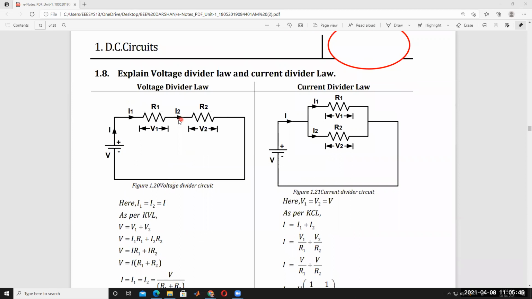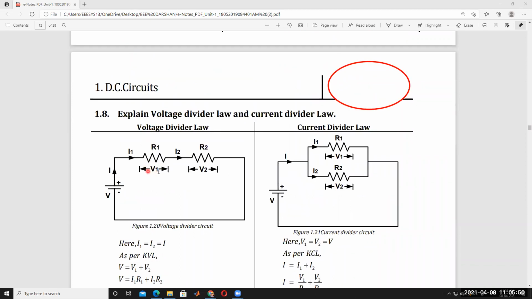Right, understand. So what is the voltage drop here? V1 is equal to source voltage V into R1 divided by (R1 plus R2). If you are finding the voltage across the resistor R1, the numerator is R1 only. If you want to find the voltage across the resistor R2, what is the numerator? R2 only.